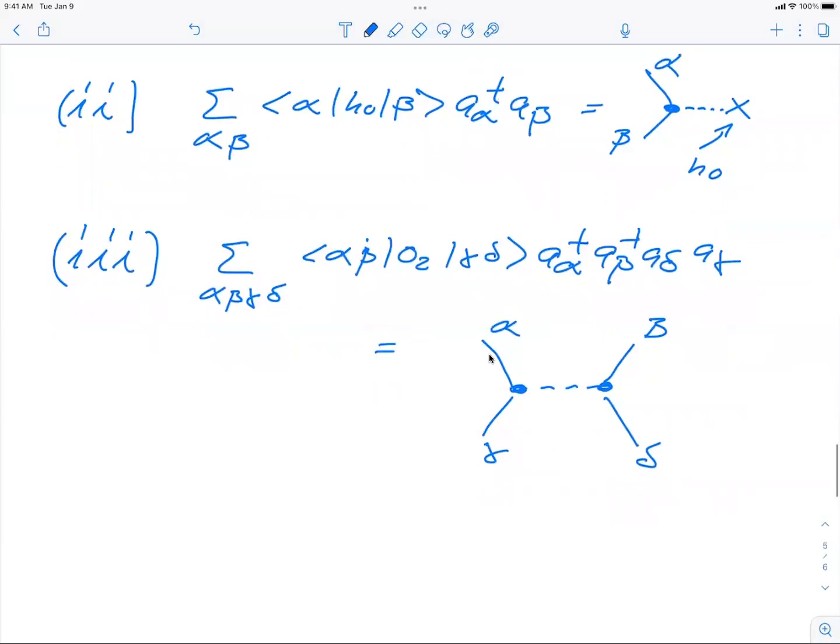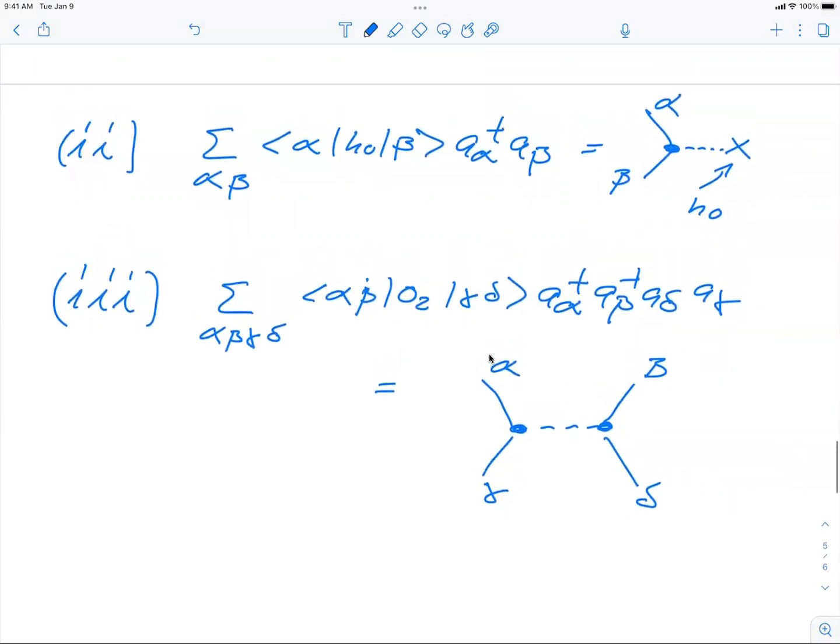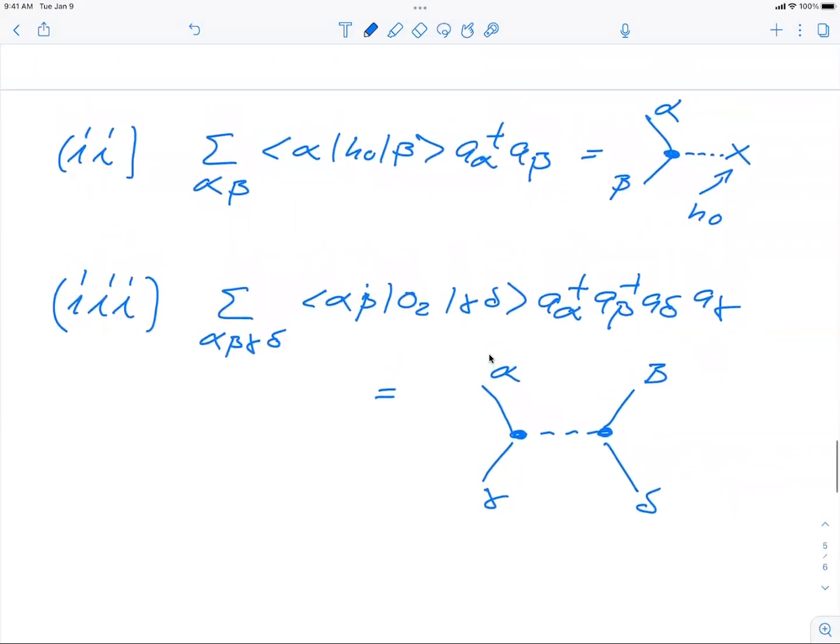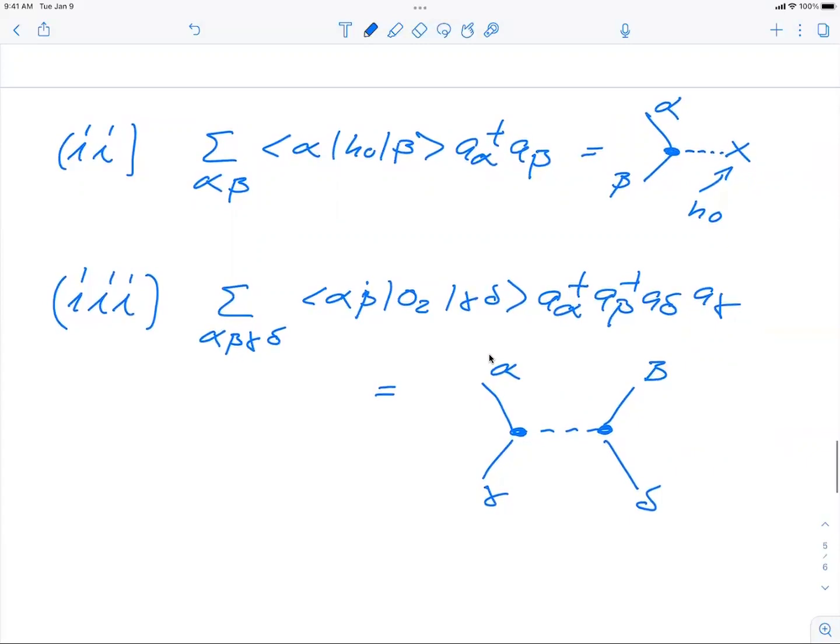You could now think, if you want to add time to this, which is pretty natural in many-body physics, of time as something which moves upward. If you look at the first one, you could have a particle coming in in a state beta. Then it interacts with something, and after the interaction, which takes place here at a given time, it leaves the system in a state alpha.